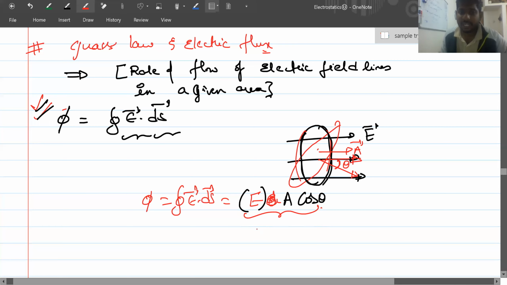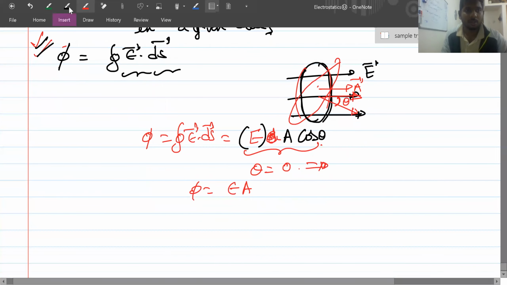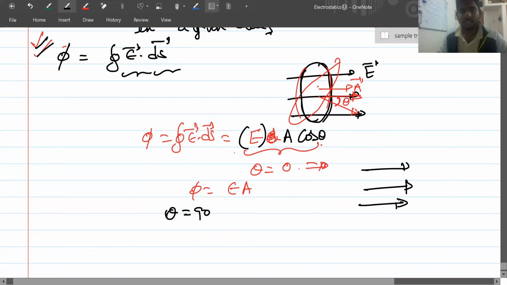If theta is equal to 0, that means the angle between the area vector and the electric field is 0, then flux will be equal to E into area. If theta is equal to 90, it means the electric field lines are going in this direction and the surface is in this direction, so the number of lines passing through that area is 0. Then the flux will be equal to 0.